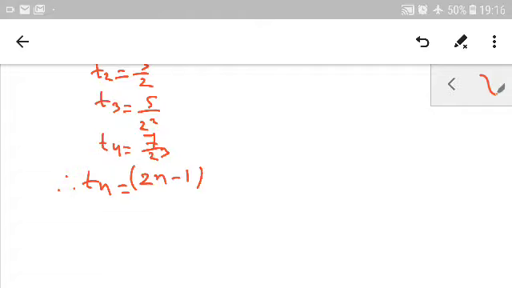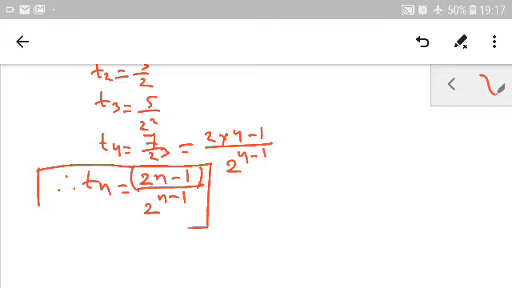Every time you see this is 2 into 4 minus 1 divided by 2 to the power 4 minus 1, whole divided by 2 to the power n minus 1. Similarly, you can see the analogy over here also, that is 2 into 3 minus 1 divided by 2 to the power 3 minus 1. So similarly we can proceed further to find Tn.